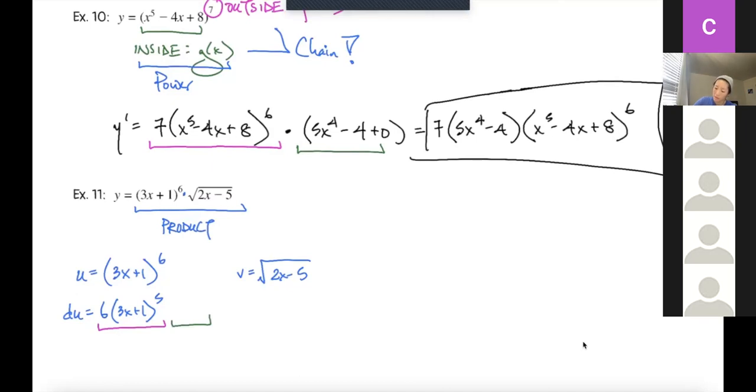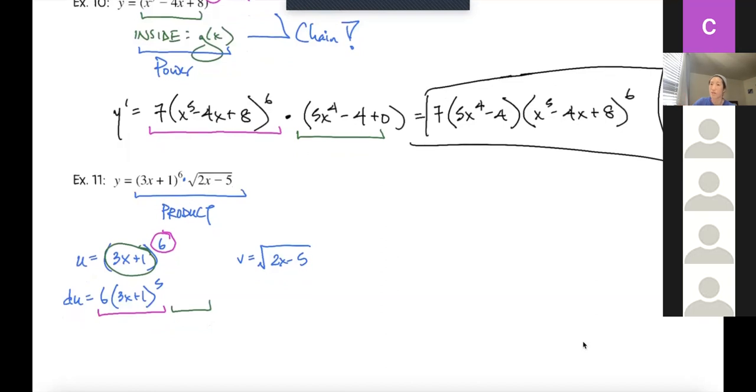So remember, outside, or what we do second, and inside. We're just looking at that 3x plus 1 to the 6th. We haven't even looked at the root part yet. But when we're taking our derivative for u, that's where we need chain rule.